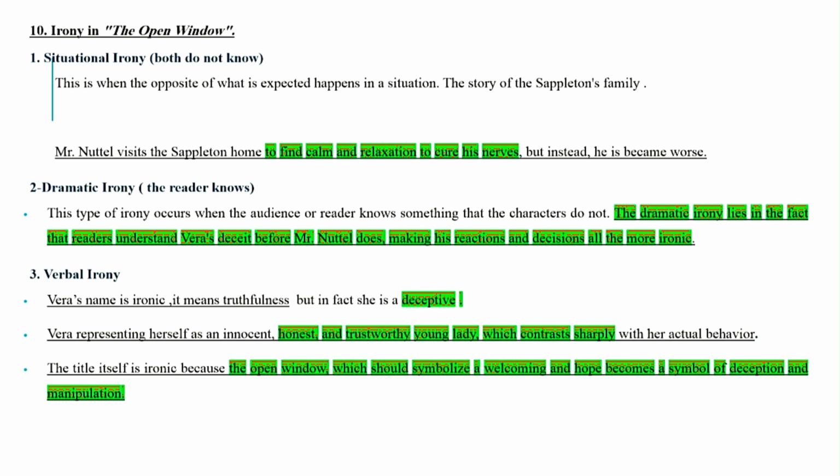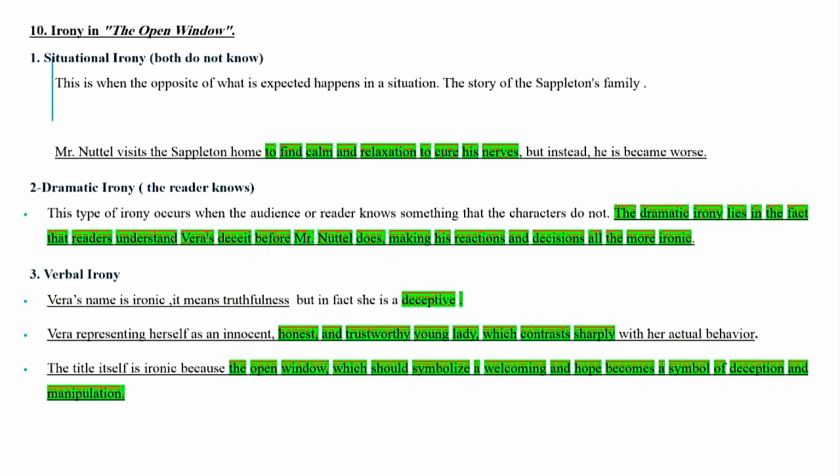In the short story, we have three types of irony. We have the situational irony, the dramatic irony, and the verbal irony. The situational irony is when the opposite of what is expected happens in a situation.